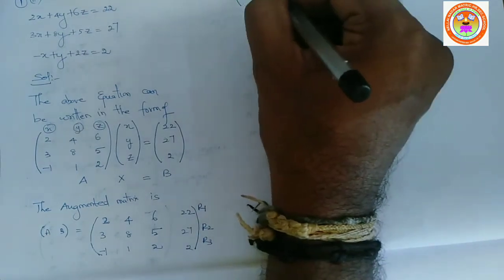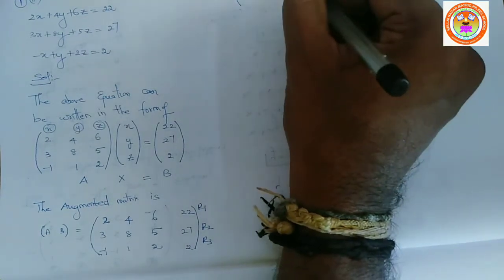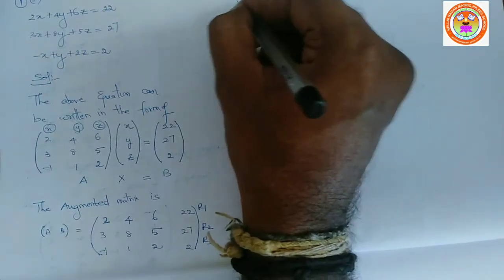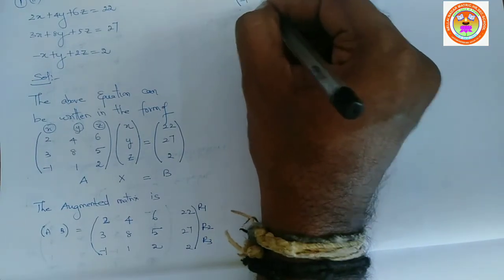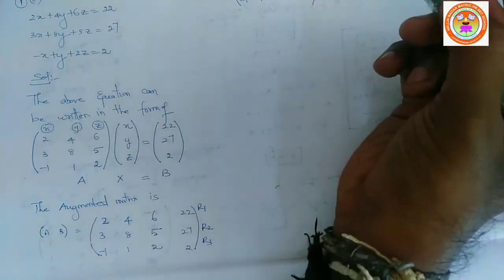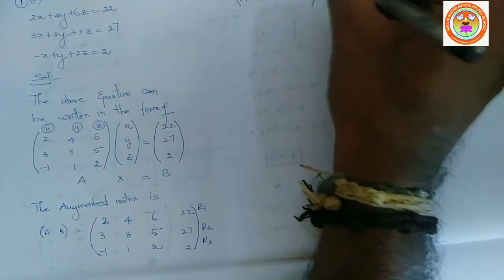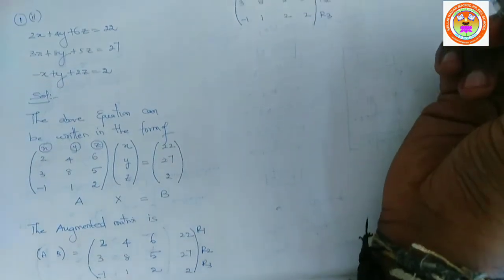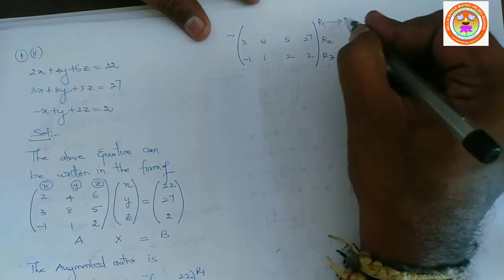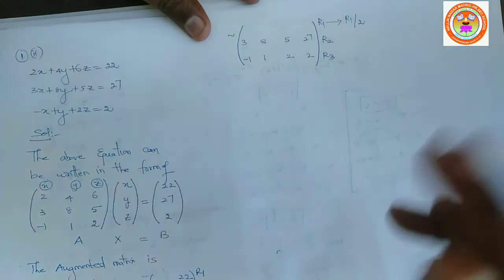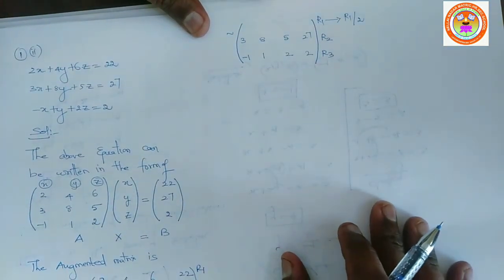R2 is 3, 8, 5, 27. R3 is minus 1, 1, 2 and 2. R1 tends to R1 divided by 2.